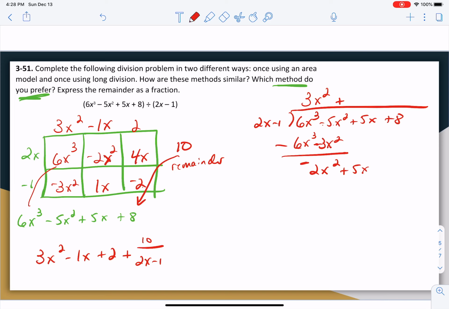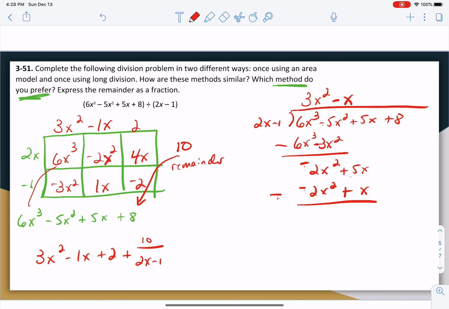Negative 2x squared. So I need a negative x to give me a negative 2x squared plus x. 2 negatives make a positive. So negative 2 minus negative 2 is 0.